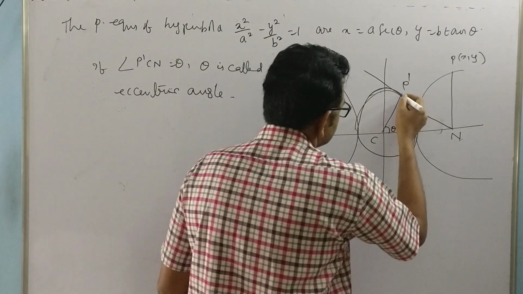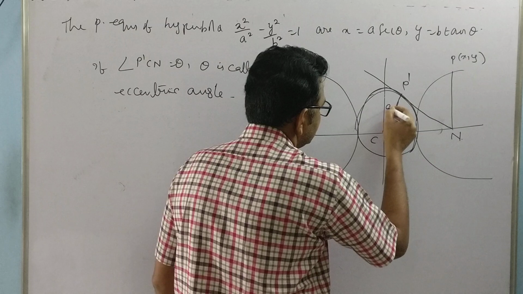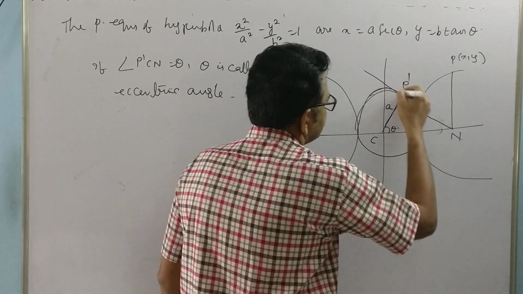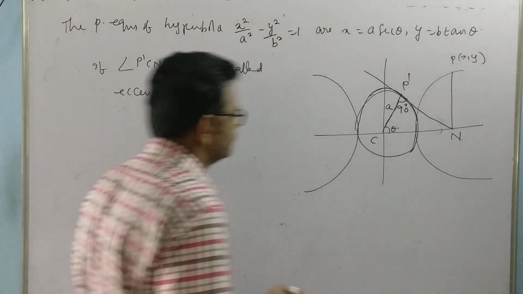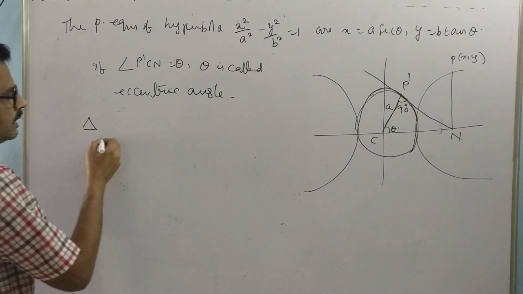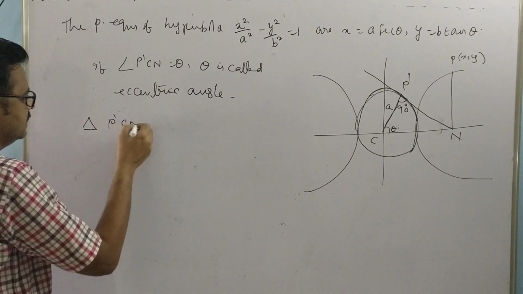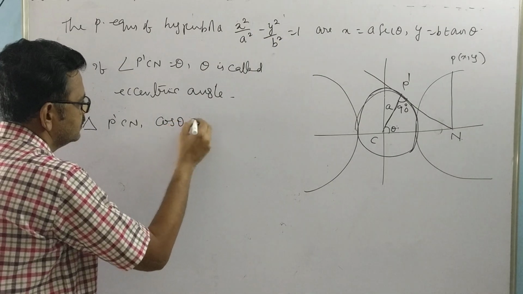Now this is the radius of the auxiliary circle, this is a, and this is the tangent, and this is the normal. The angle is 90 degrees. Now from the right angle triangle P dash CN, what is cos theta?